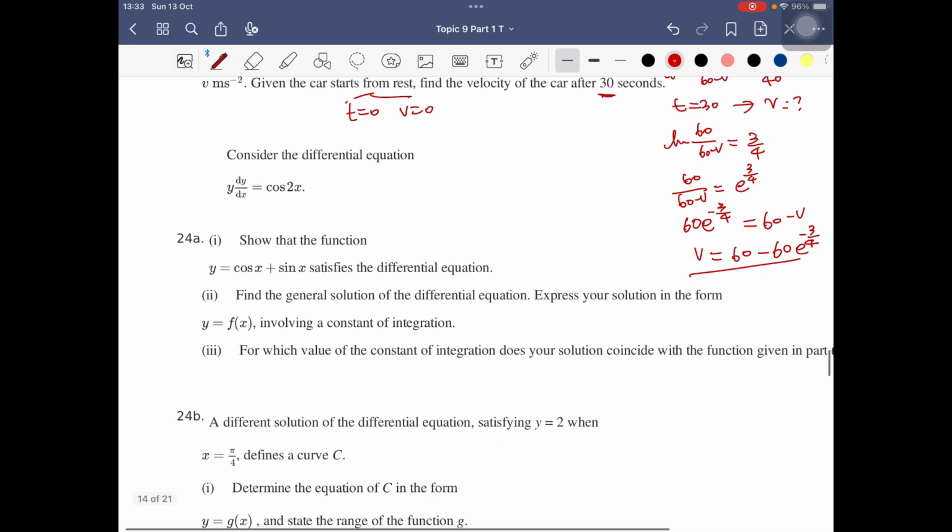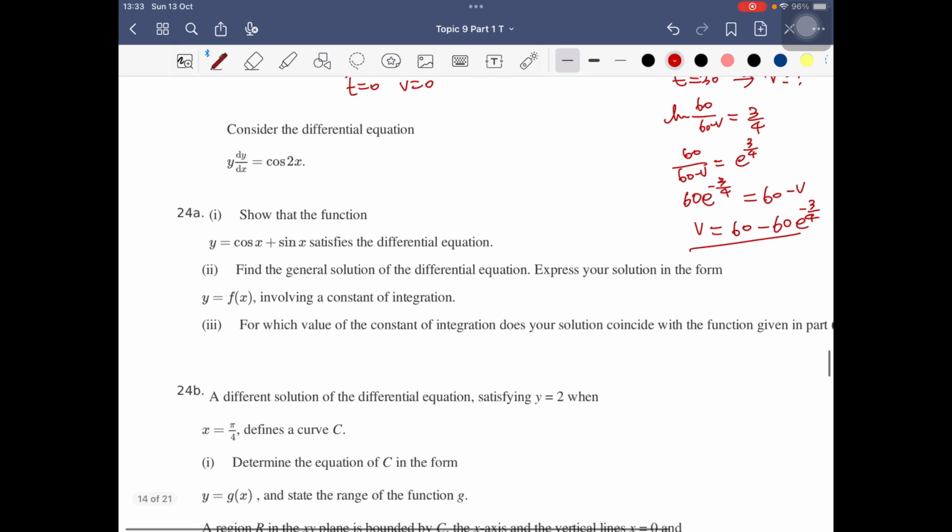And this differential equation: show that this satisfies the differential equation. Usually when we have a question of show that, we need to use the result mentioned here. But in this case, it is almost like a verification, so when we verify something, we can use that result.